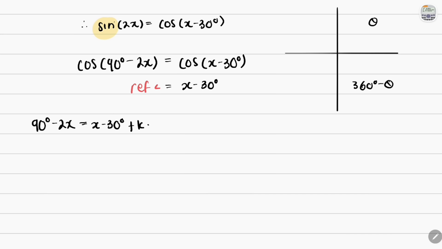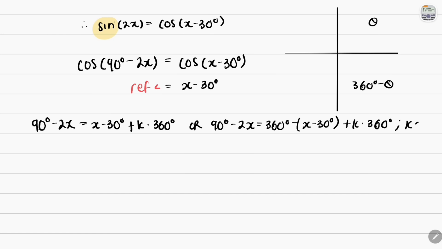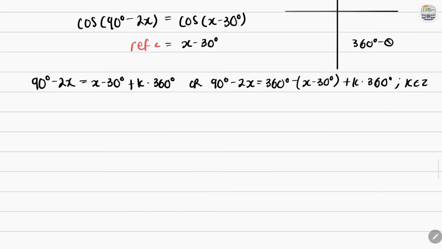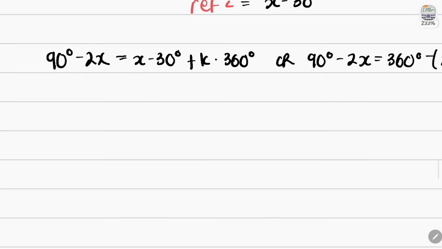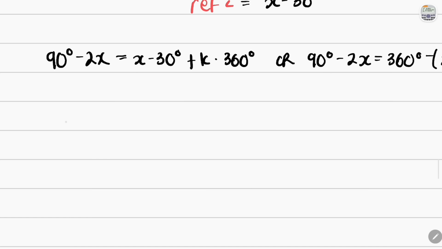We'll say plus k times 360 degrees, or, 90 degrees minus 2x is equal to 360 degrees minus theta, our reference angle, which is x minus 30 degrees, and then again plus k times 360 degrees. I'm going to declare here, just in case I forget, that k is an element of the integers. Now let's solve in each case and then find those specific solutions.